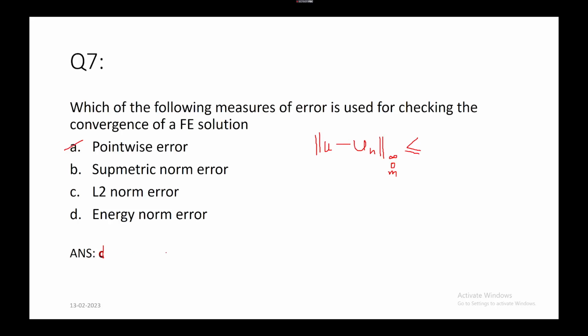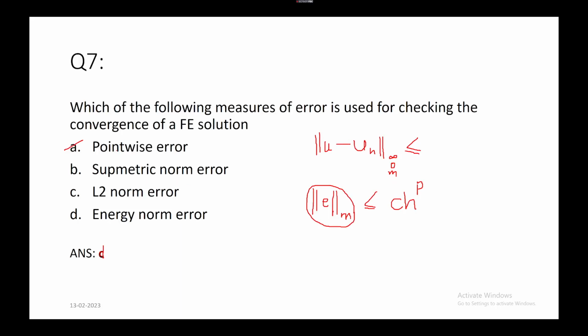The answer is D. So why is it D? Let us see. Your expression is actually E to the base M is less than or equal to C into some H power P. So this is the equation. But here, if you see the modulus, the subscript used is M. It is not 0 or infinity.